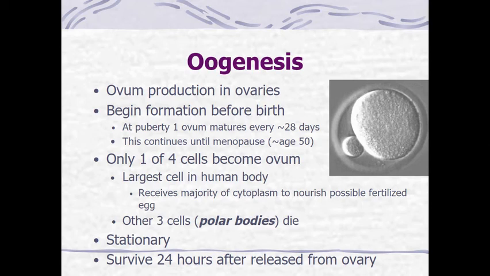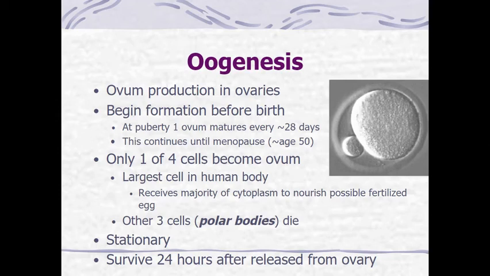The other three cells, since they lack a lot of cytoplasm, are called polar bodies, and they end up dying. So even though four cells are produced, only one is a functional egg cell. The other three are polar bodies that die and disintegrate. The egg is stationary.